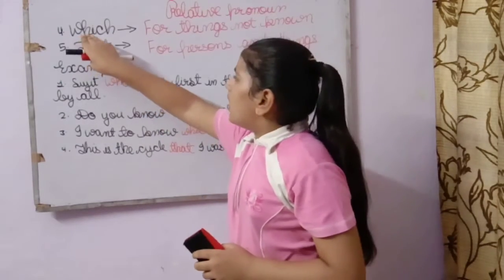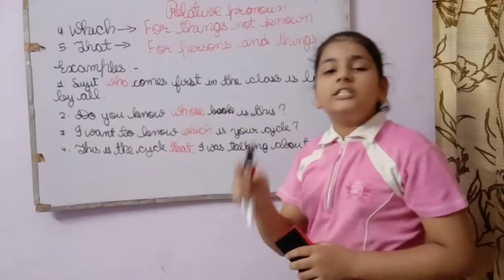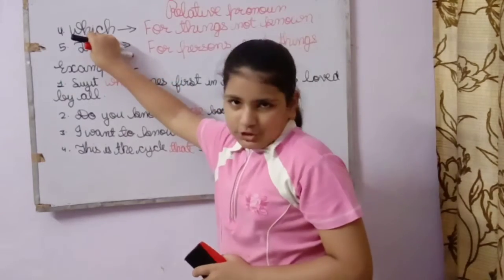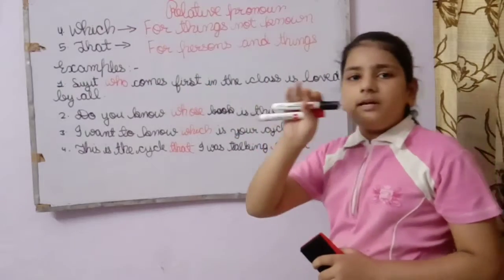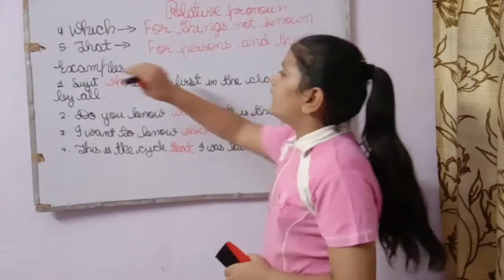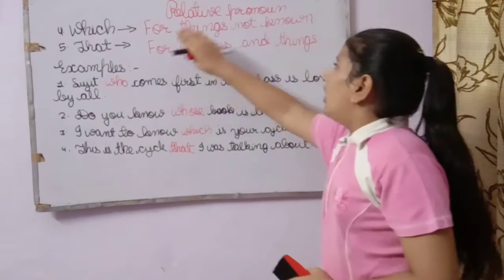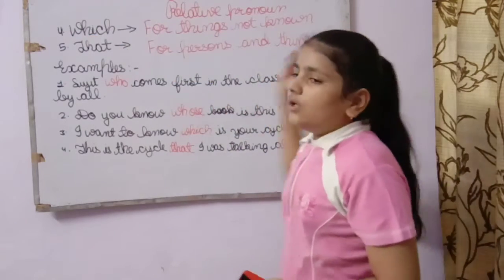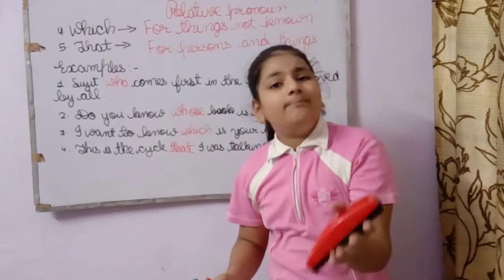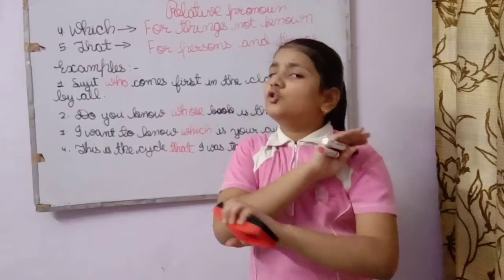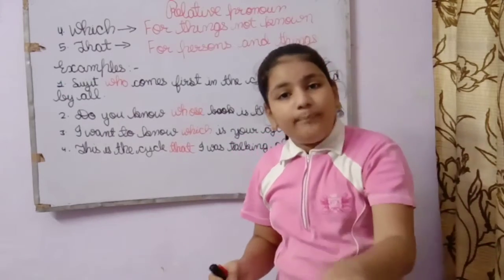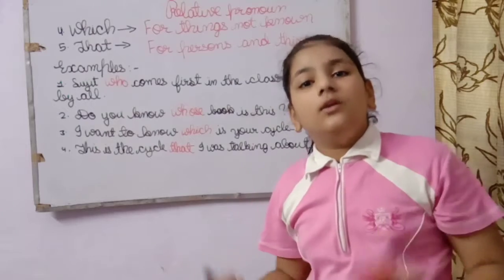Now we will talk about the situation in which we will use which. Here we have just learned about whose, who, whom. Now it comes to which. It is for things, not persons. In who we have learned that it is for persons we don't know, and in whom for persons we know.